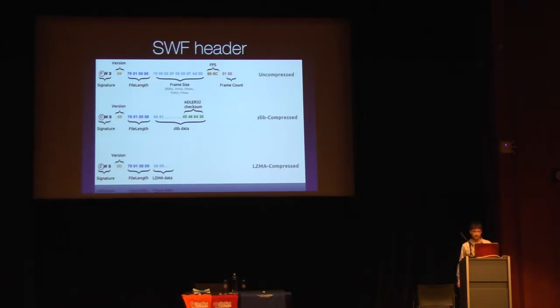But we can ignore the uncompressed and the LZMA because we will focus on zlib. What is zlib? Zlib is basically a wrapper over deflate with a header and a checksum for integrity. If you are into specifications, you can read RFC 1950, and then you have to read 1951, which is deflate, because basically zlib says, yes, it's deflate with a header, so you have to get back and study deflate.